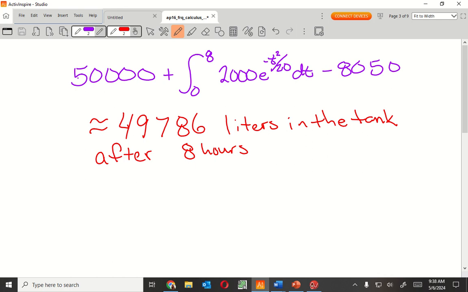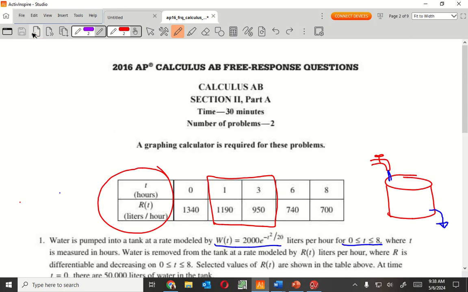Alright, so it says right there, and I labeled it with the units and explaining what it means in context. So it means that there is 49,786 liters in the tank after 8 hours. Does that make sense? So in context, you have to make sure you label it with context.